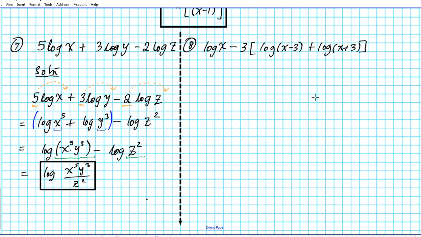Alright, okay. So let's go ahead and condense this logarithmic expression using the properties of logarithms.